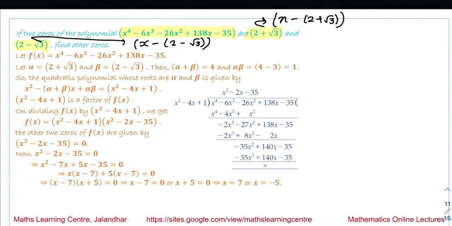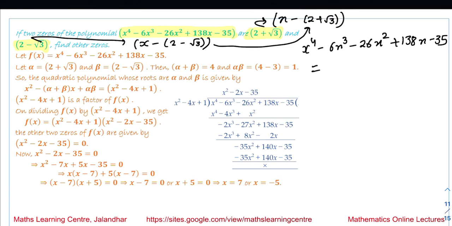One thing we can do is multiply both these terms. The polynomial x raised to power 4 minus 6x cube minus 26x square plus 138x minus 35 will be equal to x minus 2 plus root 3 into x minus 2 minus root 3 into some q(x).